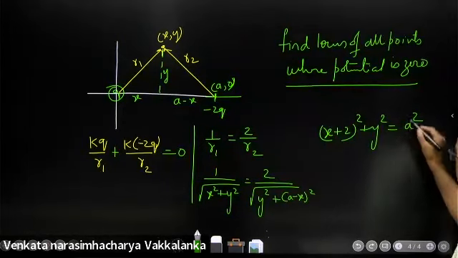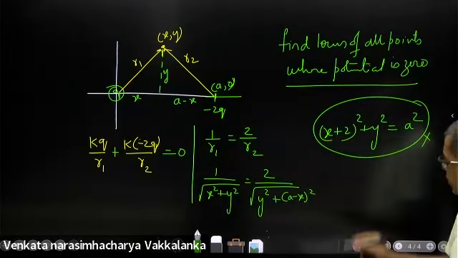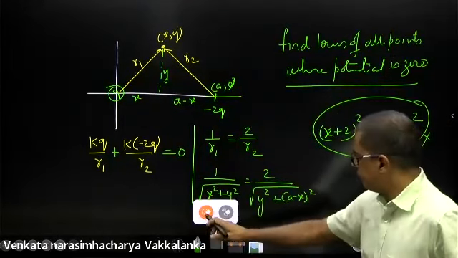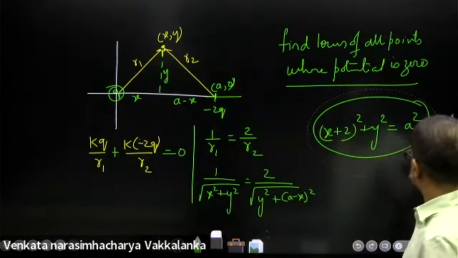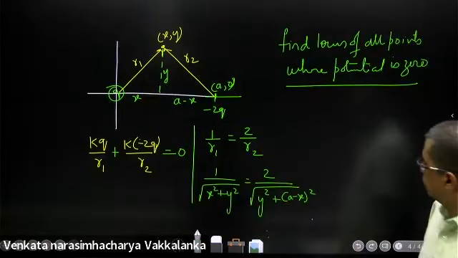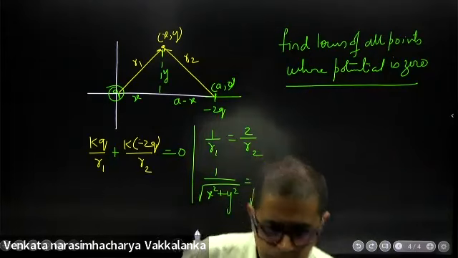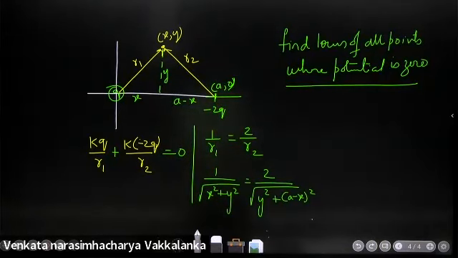Just verify this equation is not correct. Simplify that and see what you are getting. Somebody typed the answer: 3x square plus 3y square plus 4ax is 4a square.